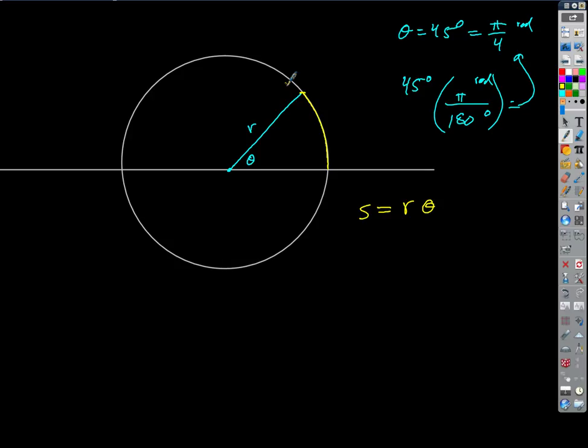Well, then we could easily find the linear distance that they traveled, right? Same thing as arc length. If they were painting a spray can on the ground as they went, how long would the arc have been, right? If you straightened it out. Okay, there's our relationship.